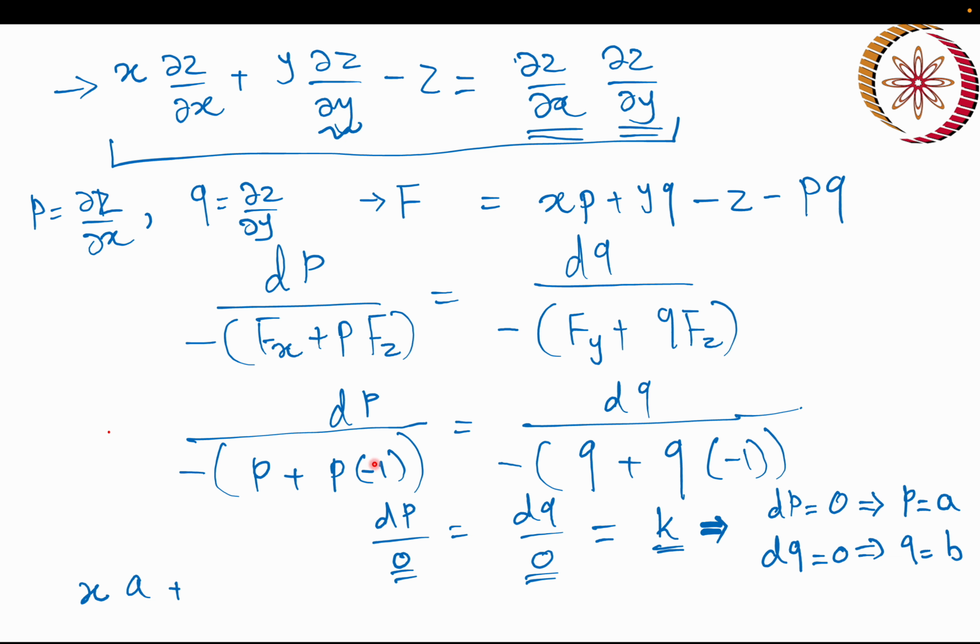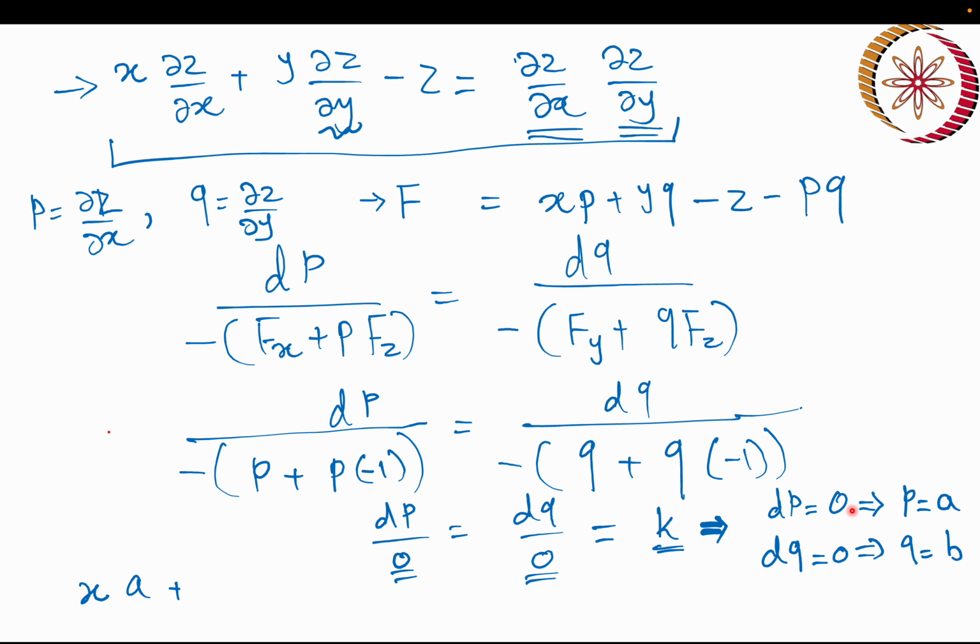You can see that the denominator vanishes, which is 0 for both terms. In general this need not be 0, so we can write both terms equal to, let's say, k. But since the denominator is 0, we can write dp equal to 0 as a limiting case, so that the limit exists.